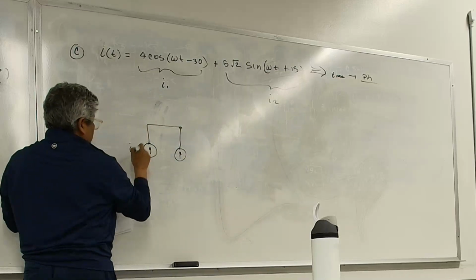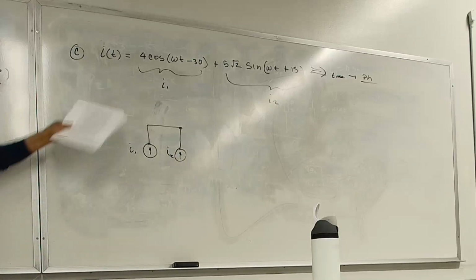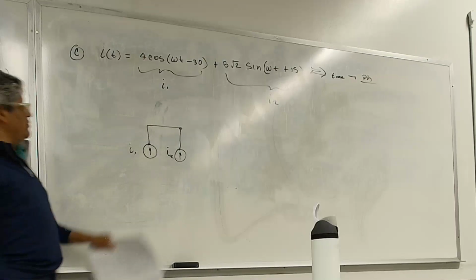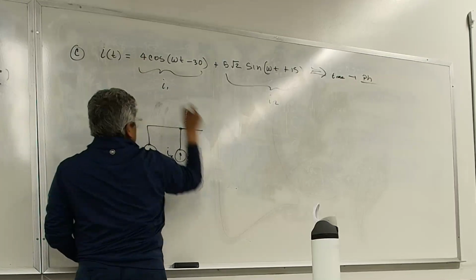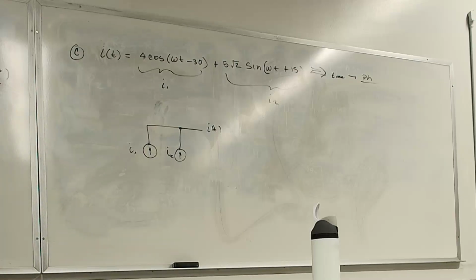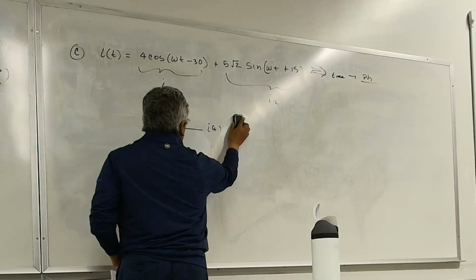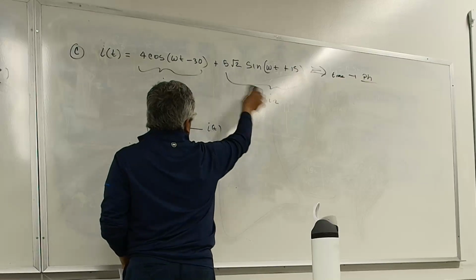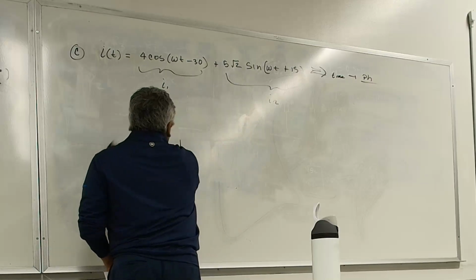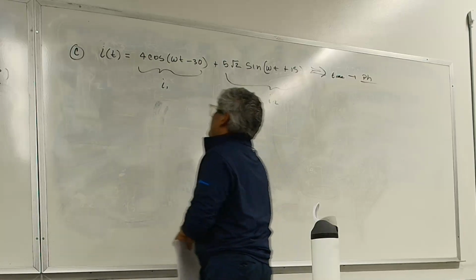It's just two current sources connected to this node, and this, of course, is I of t, the total. So it's not something you will never see. You can see that. Actually, you can do this in MATLAB. The only thing here is that we do have a sine right here.